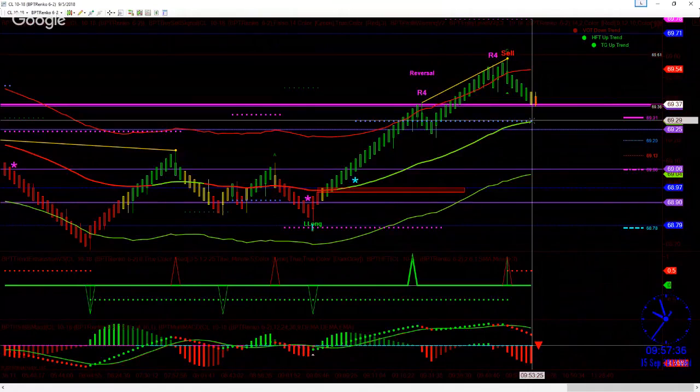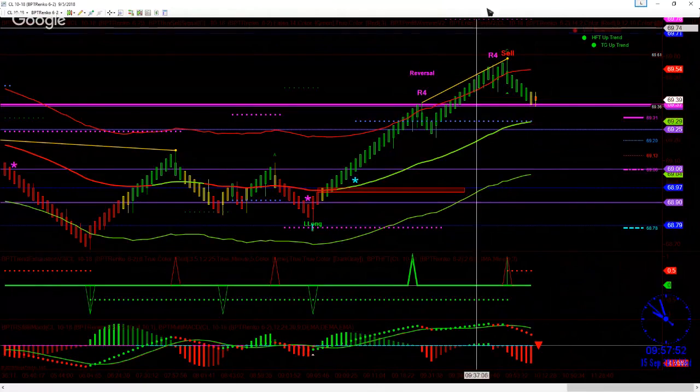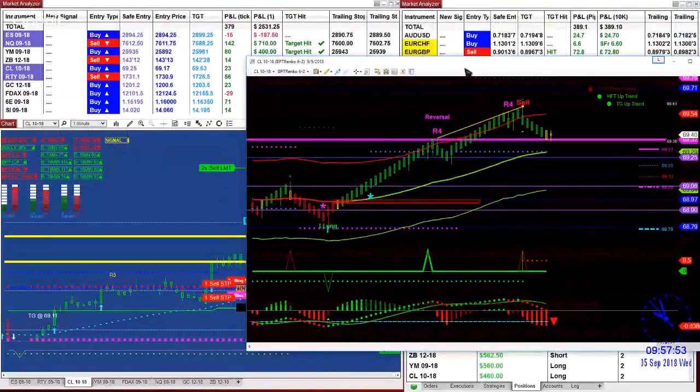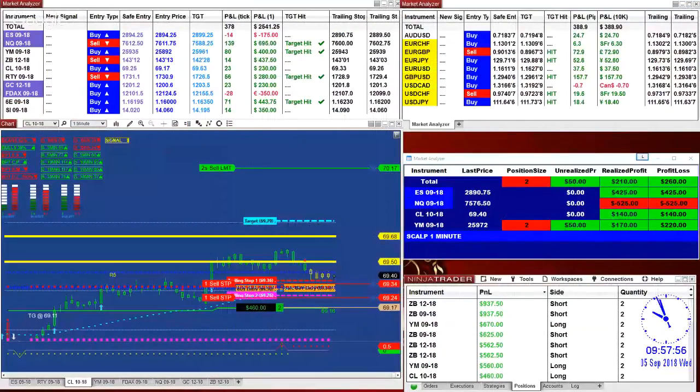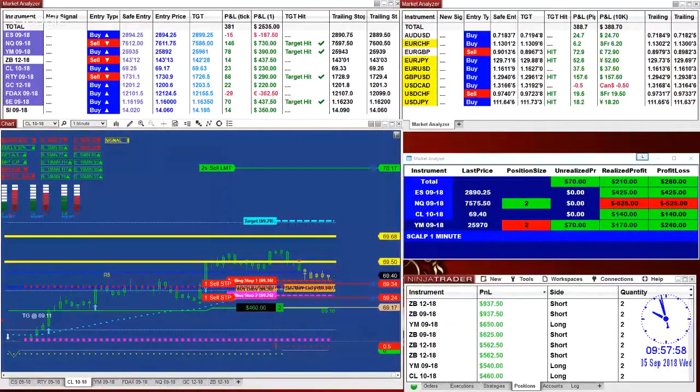We use the Renko bar only for reversal. We do not use the Renko bar to trade with the trend. But also you need to keep your eye on the 69.29 on the CL. This is also a very important key, and it could be for a re-entry. So you gotta be careful with the CL.